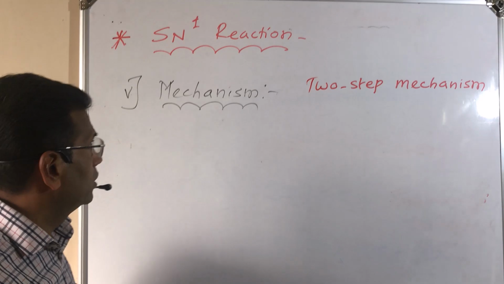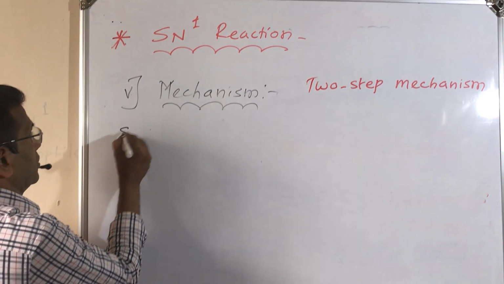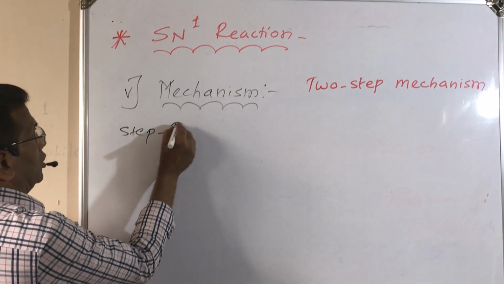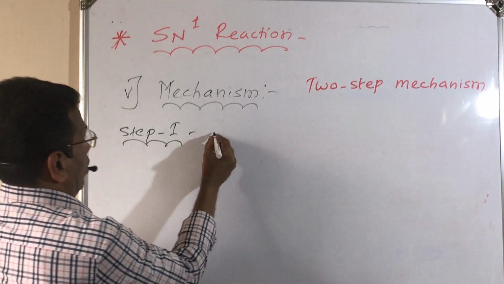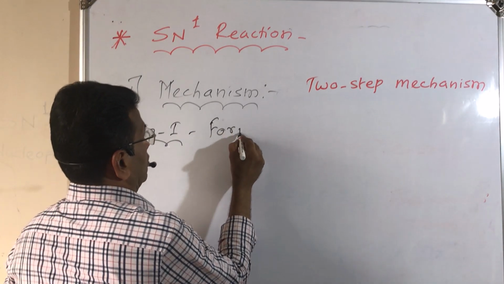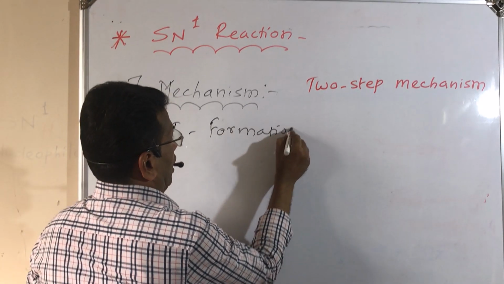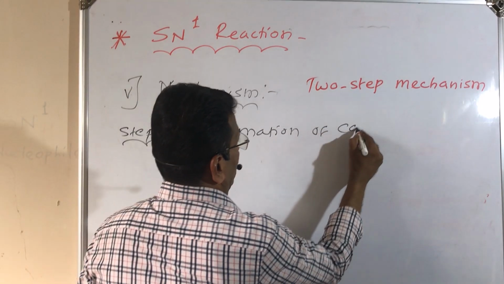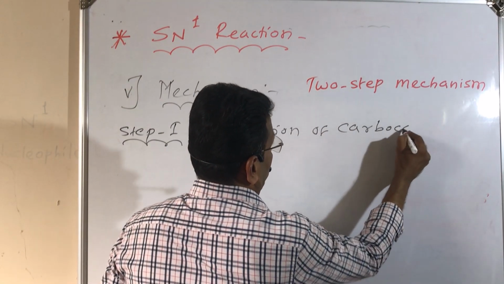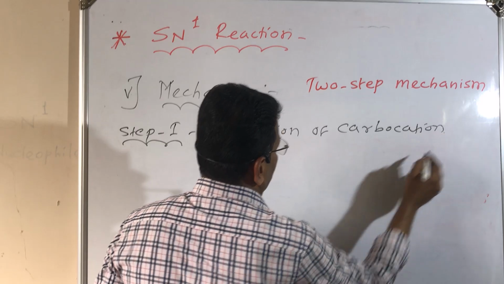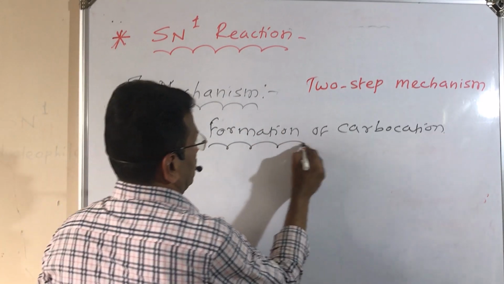Now here, step 1 is formation of carbocation. Carbocation is an electron deficient species.